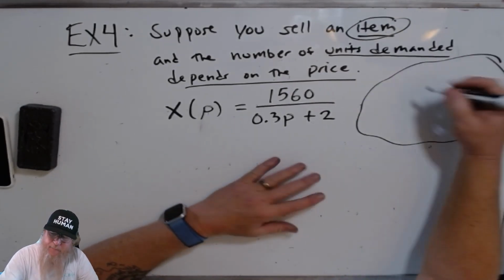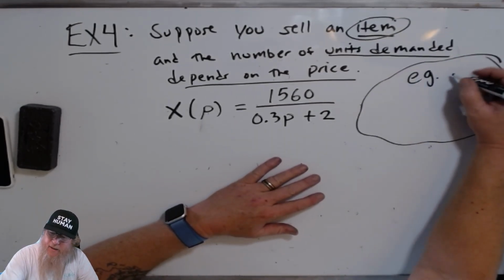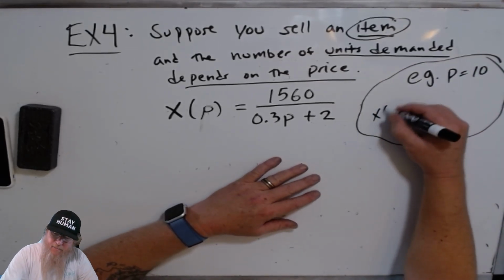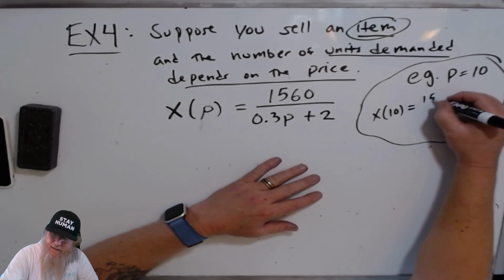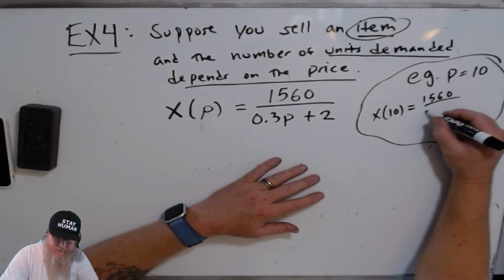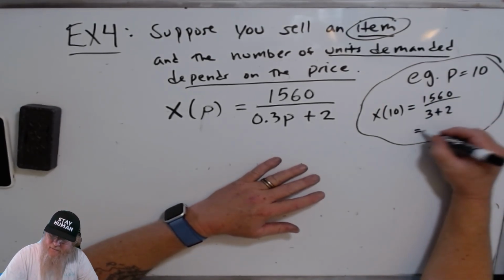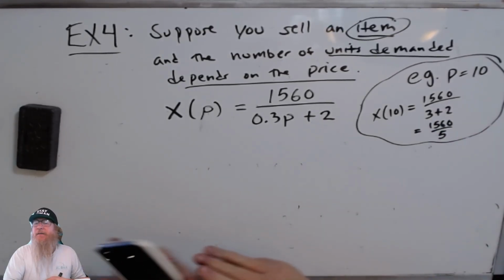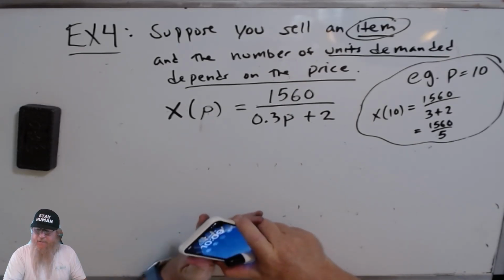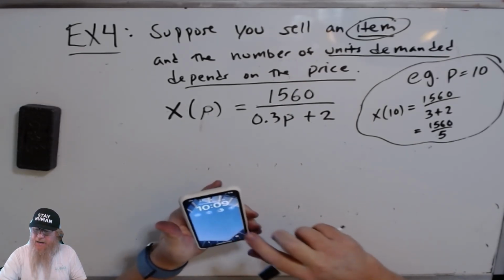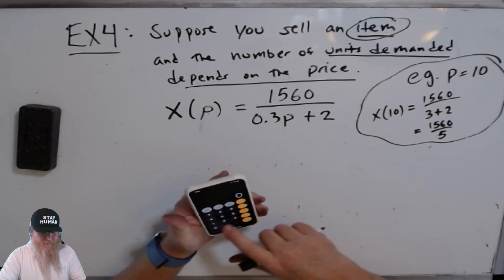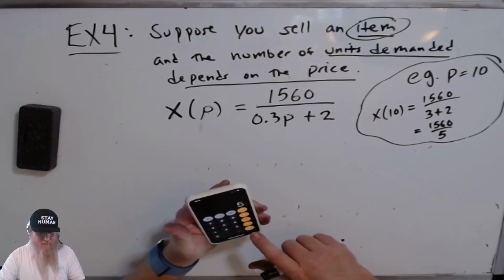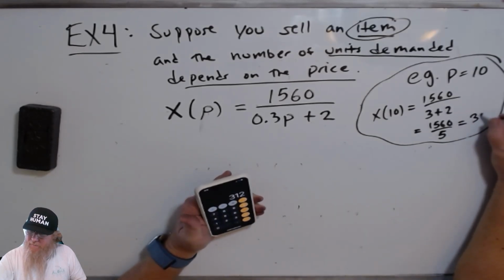So an example, if the price is $10, then the number of units would be whatever that comes out to be. I should be able to do that in my head. 1560 divided by 5, 312.